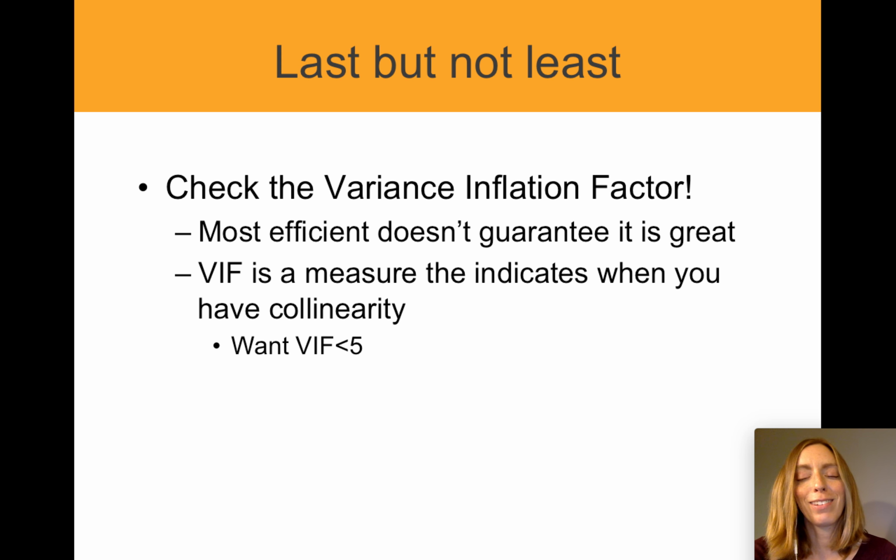The nice thing about this is it's not a relative measure. You just want it to be less than 5, at least less than 10 worst case scenario, but less than 5 is better. So I usually check this either for the first few randomly generated designs or when I'm all done to make sure I'm okay. Usually the first few, because I don't want to spend an hour running simulations on junk.